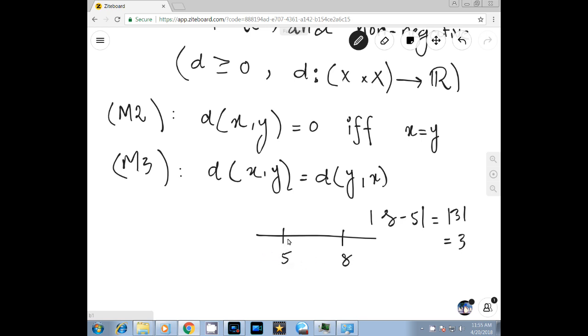Similarly, the distance between 8 and 5 is the absolute value of 5 minus 8, which is the absolute value of minus 3, and according to the definition of absolute value, this is again 3. So this was simple to understand.